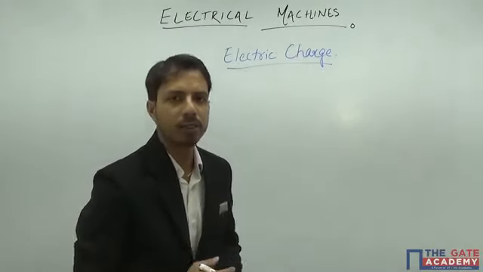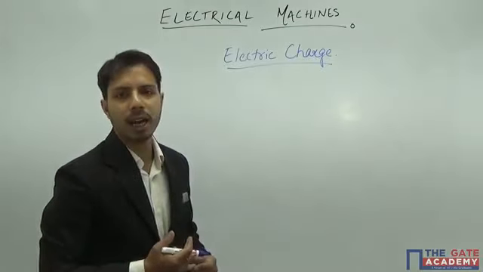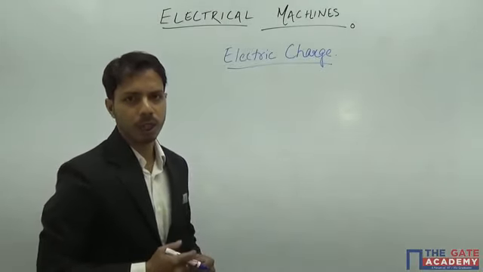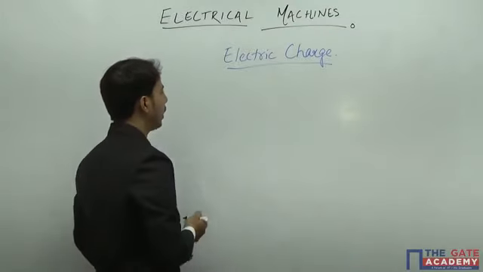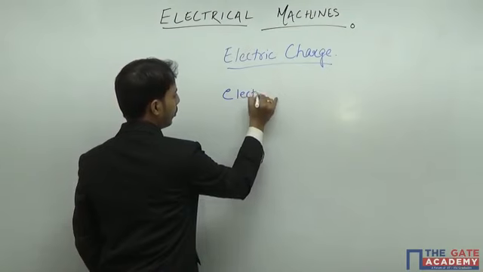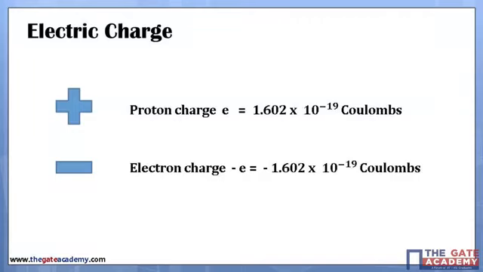Out of that, we know that atoms mainly consist of electrons, protons and neutrons. Out of that, we know that electrons are negatively charged. Okay, and the charge of an electron, if you can see in your PPT, is minus 1.6 into 10 to the power minus 19 coulombs.